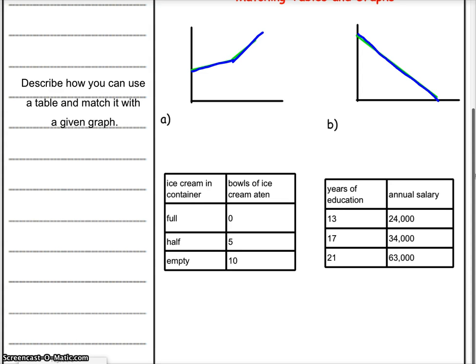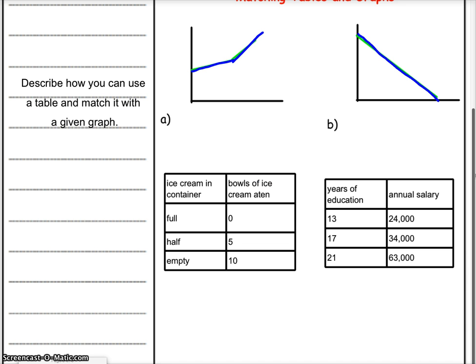Which graph do you think that would go with? Amanda? Say that again? And why do you think B? Yep, because it keeps decreasing. But this looks like it always goes like this, x, y. So this is the independent one. Ice cream in the container.